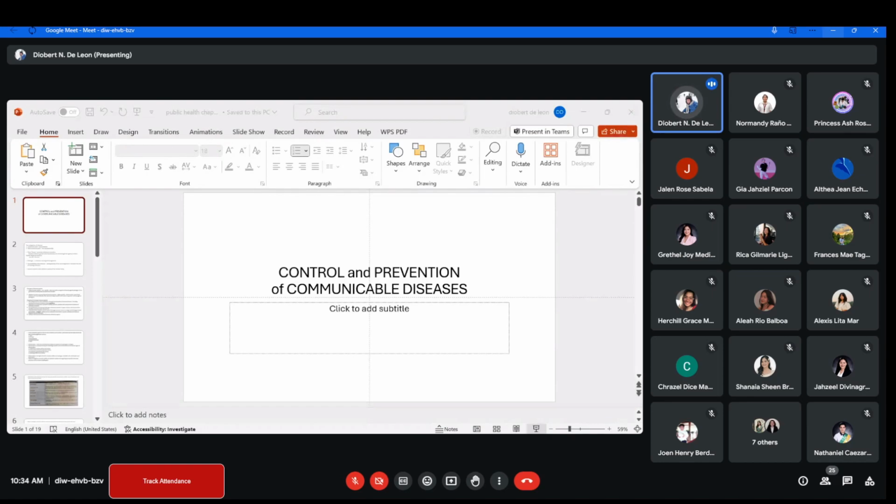Specific communicable diseases are discussed in this chapter, particularly yung common sa Pilipinas. Okay?